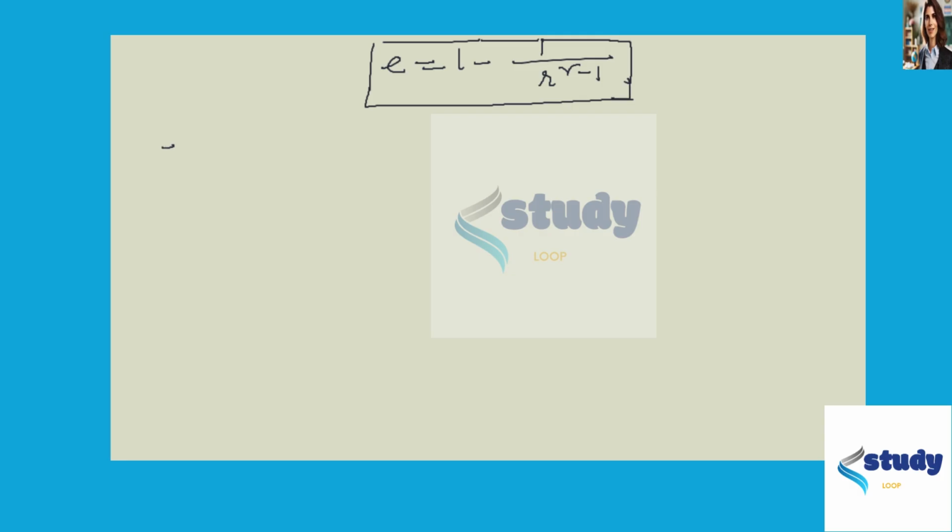Now for part C, r is given as 6 whereas rho is given as 1.4. Now putting these values in the above expression, we get simply E is equal to 1 minus 1 upon 6 to the power 1.4 minus 1.